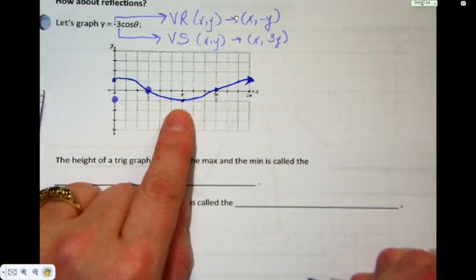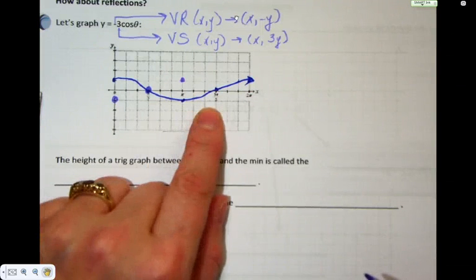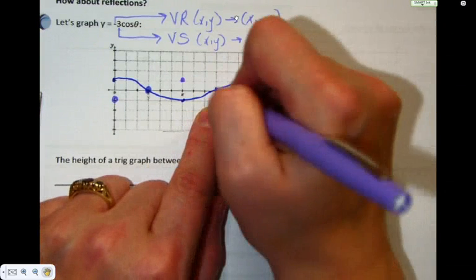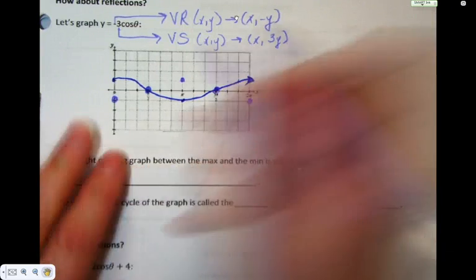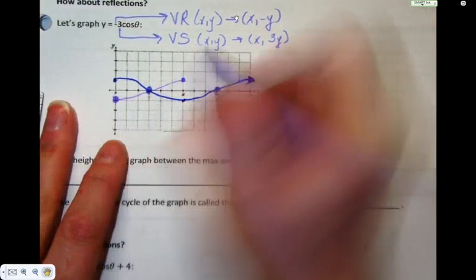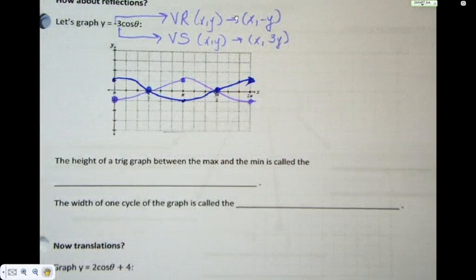Negative 1 goes to 1. 3 pi on 2, 0 goes to 0. And 1 goes to negative 1. I find these are some of the easiest ones to do reflections. They're also easy to see, so can you see that you flipped it from top to bottom? Is this our final graph? What do we still need to do? The times 3. So now I'm grabbing my red pen.